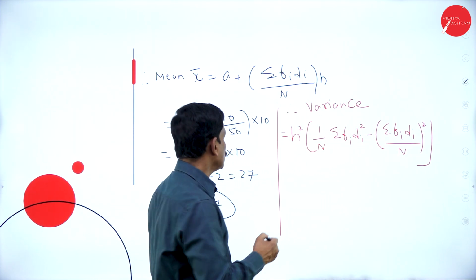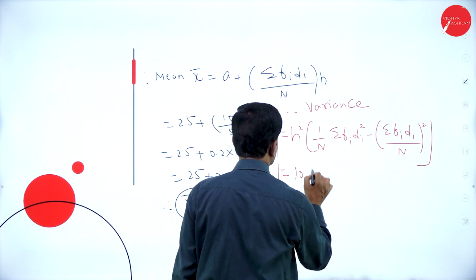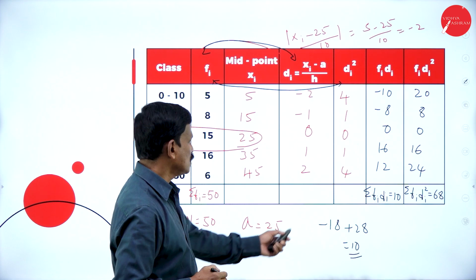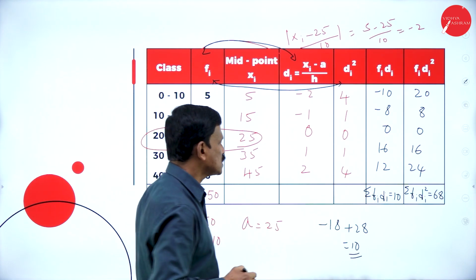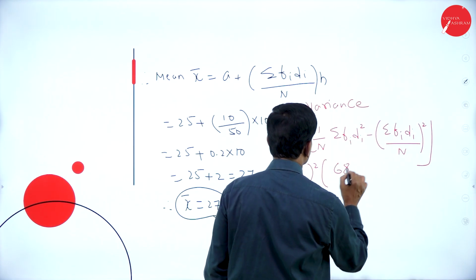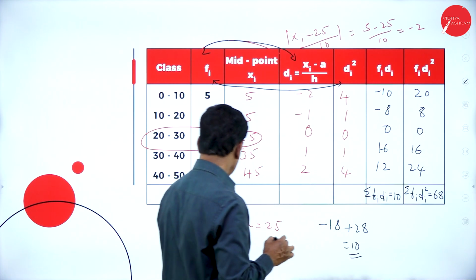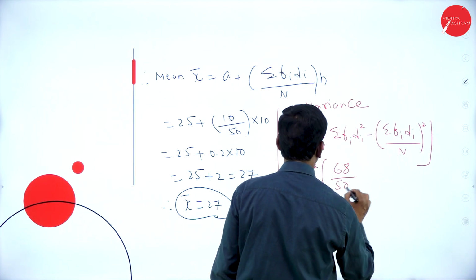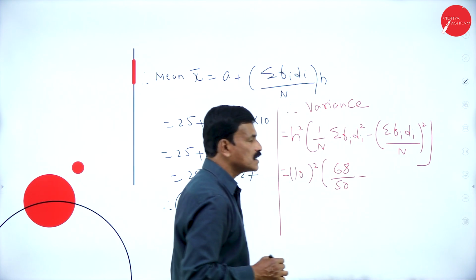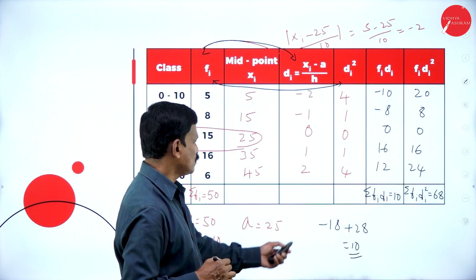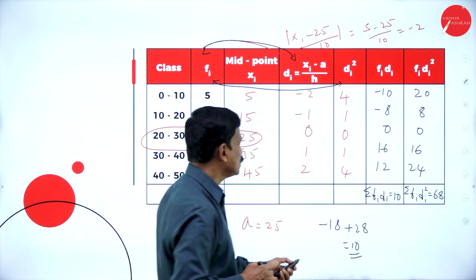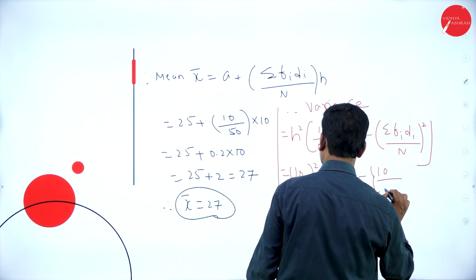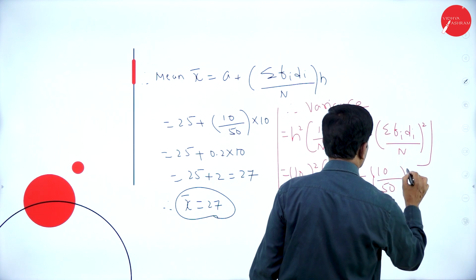Now substitute the values. What is h? h is 10 square. Sigma fi di square is 68, divided by n. What is n? n is equal to 50. So 68 by 50 minus sigma fi di, which is 10, divided by n, which is 50, whole square.